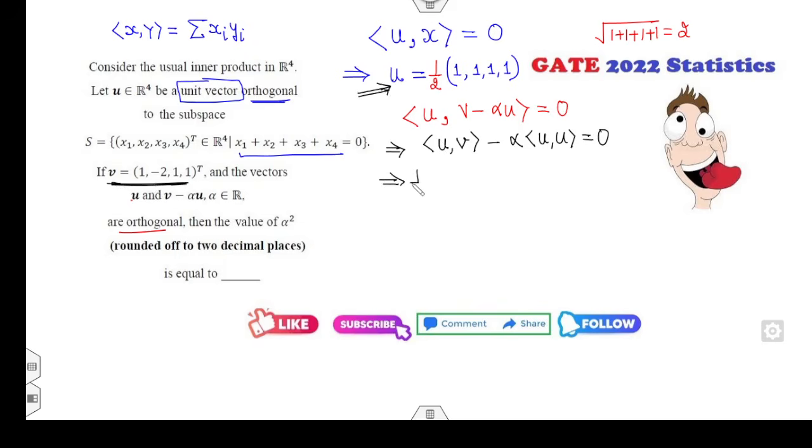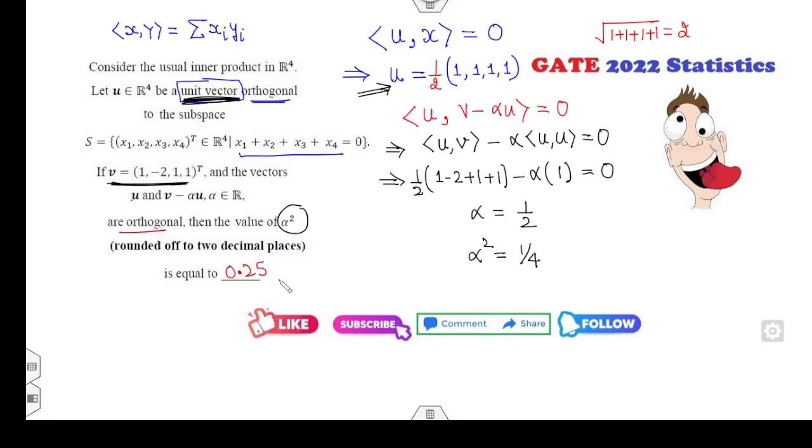That will be half is outside. It is 1 minus 2 plus 1 plus 1 minus alpha. What is u? It is my unit vector, so that number is 1. So that means alpha will be my half. Your target is to find alpha square, which comes to be 1 by 4. Hence up to 2 decimal places, 0.25 is the right answer.